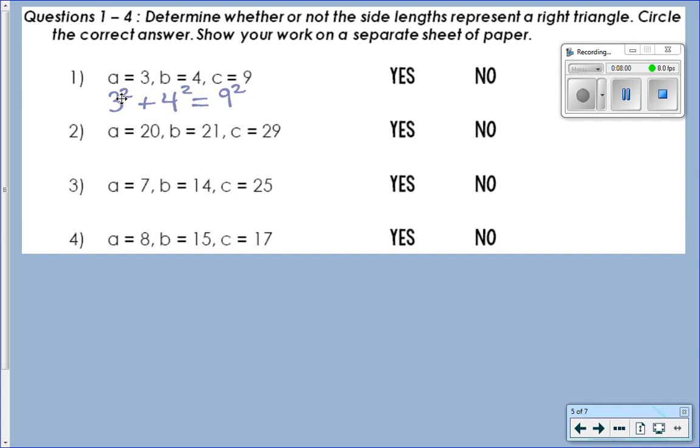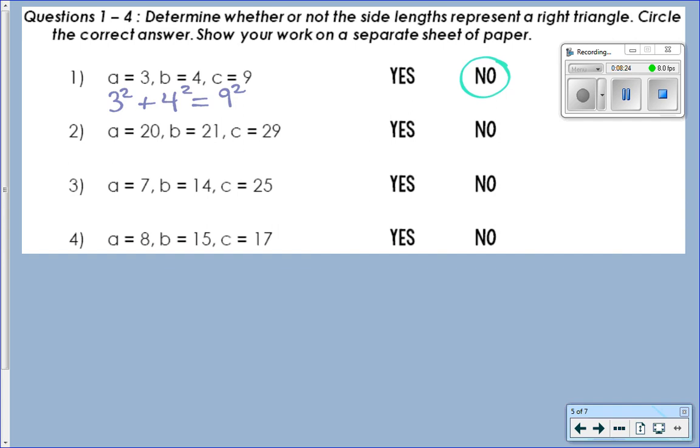So type in 3 squared in your calculator plus 4 squared and the equal sign. Do you remember where the equal sign is? And 9 squared. When you hit enter, what does it say? Someone said it. False. Is that a right triangle? No. It says false. No.